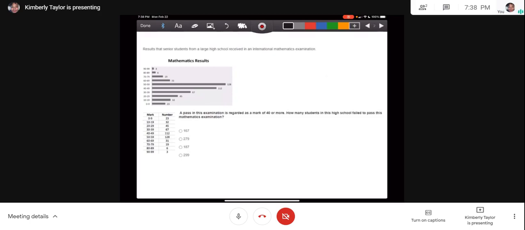So the question says a pass in this examination is regarded as a mark of 40 or more. How many students in this high school failed to pass this mathematics examination? So let's look at our chart here.